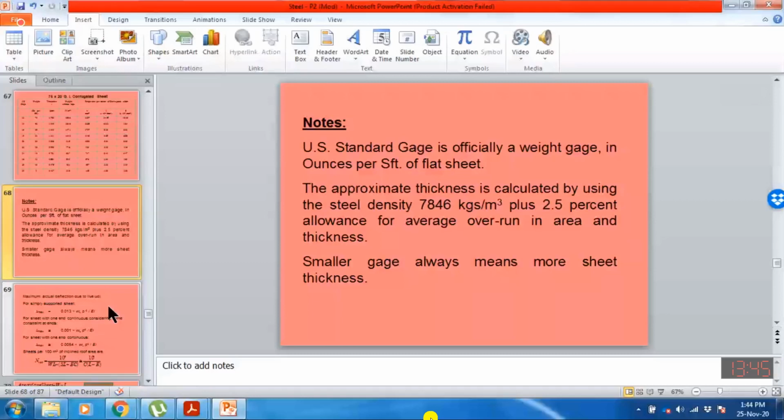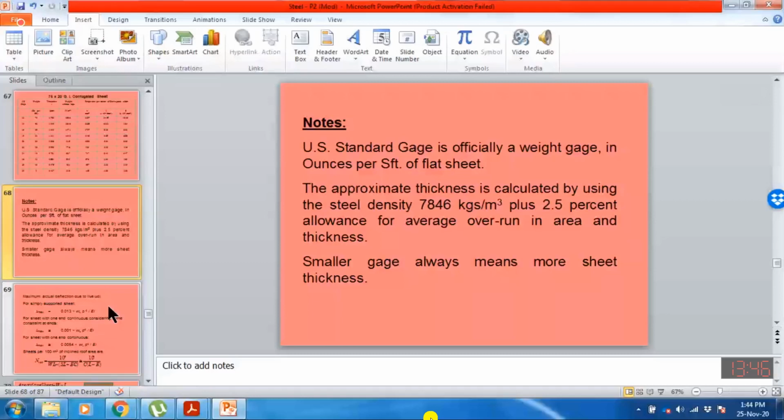The E value for steel is 200,000 megapascal, or 2 into exponent 5. Moment of inertia of the gauge 20 sheet is 4.23 into exponent 4, which we picked from the table. When we computed, the maximum deflection is 27.7.